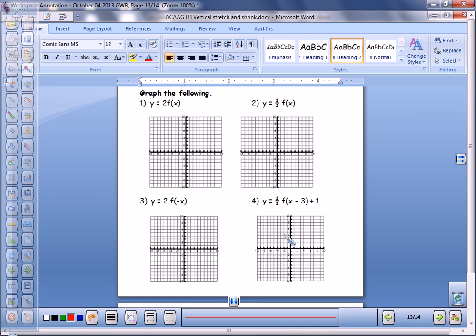And then the next two add the compressions and the stretch along with a reflection. So all we would have to do on this one is take all of the ordered pairs from number 1 and do the opposite of the x. And all we'd have to do on this one is take all the numbers here and shift them right 3 and up 1.